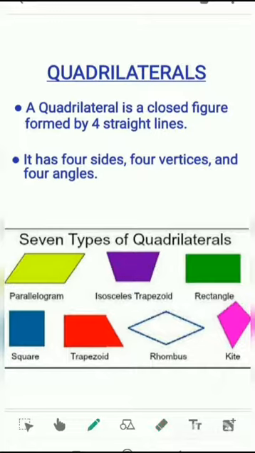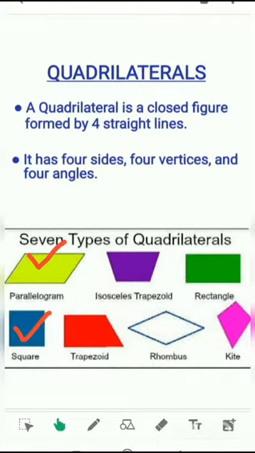We have discussed parallelogram and square. The other quadrilaterals are isosceles trapezoid, rectangle, trapezoid, rhombus, and kite.